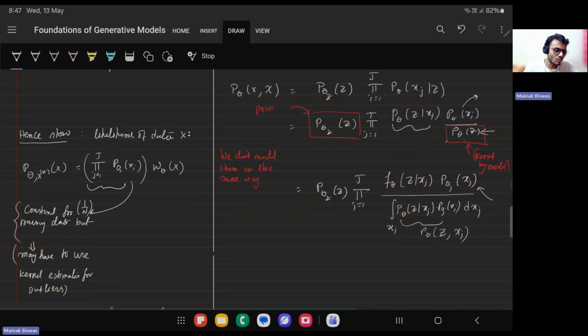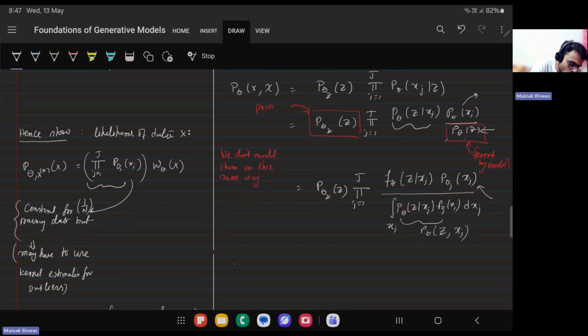The product over j equal to 1 to J of p theta of z. Now I will assume, this is the assumption, that p0 of xj is a sample density, whatever data that I have.